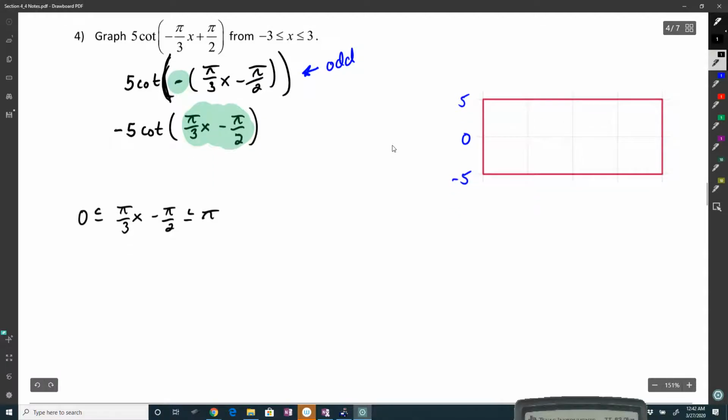So my first step is to add pi over 2 to each side. And so pi, which is 1 plus a half. 1 plus a half is 3 halves. You add the pi back in, 3 pi over 2. And so now I'm going to multiply by 3 over pi.